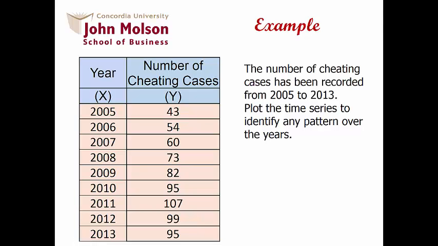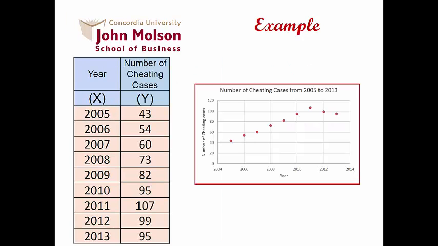Of course, we put together all kinds of measures, so we hope that we will not have cases of cheating in the future. My variable on the horizontal corresponds to the years. On the vertical are the dots. In 2005, I have 43 cases. In 2006, I have 54 cases, and so on.